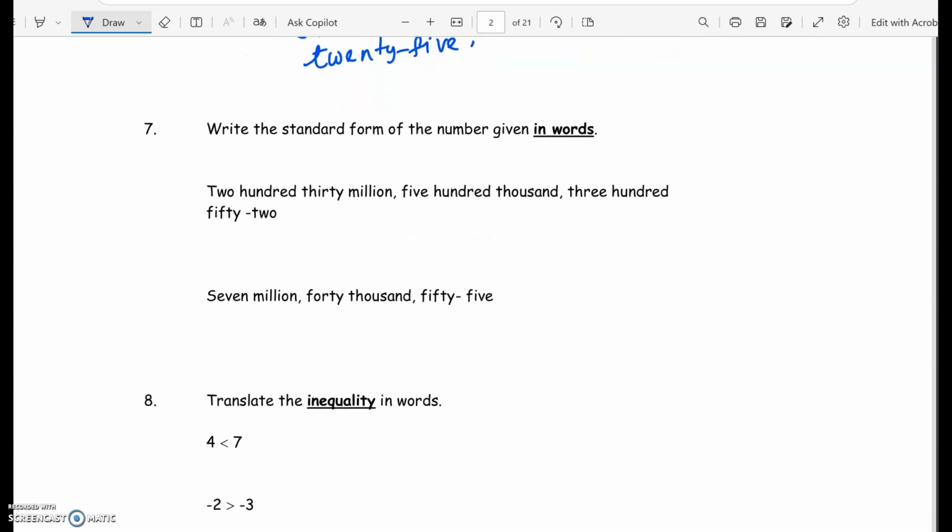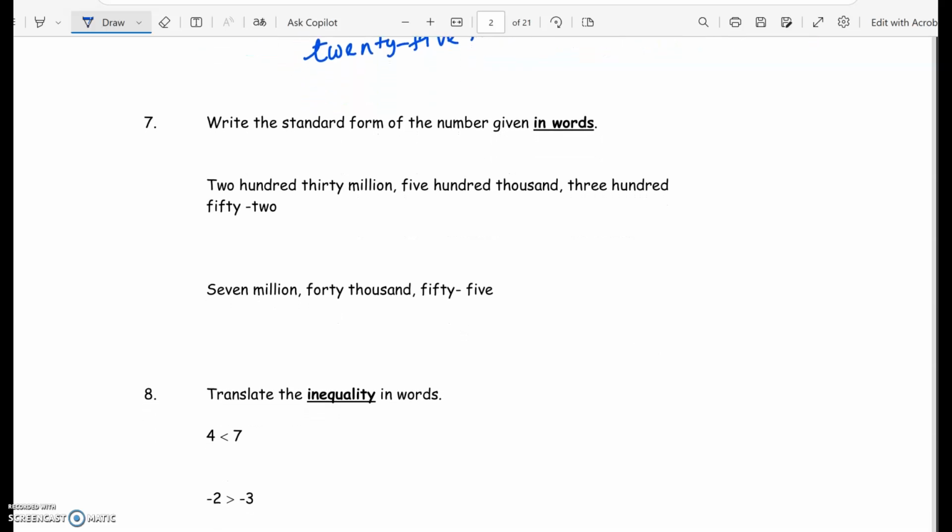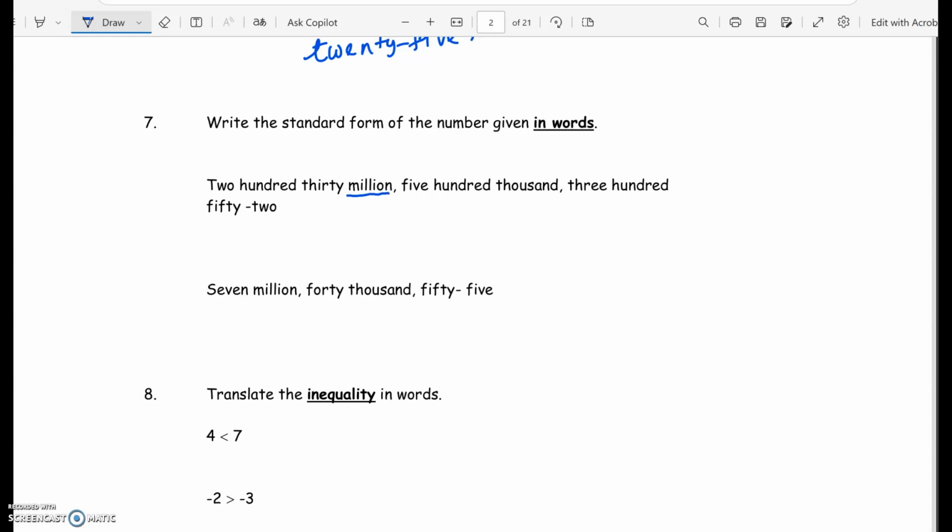Now we next have a number written in words, and now we're going to write it in the standard form. So let's see, we have the number that's in millions. When we start, we see 230 million, and then of course the thousands period, and then the ones. So we have the millions period, comma, the thousands period, and then the ones period.